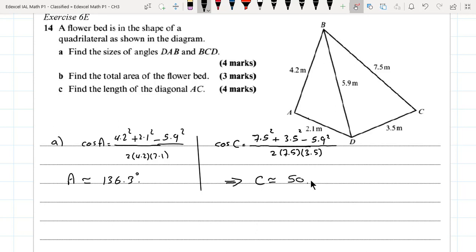And then C will be 50.1 for one decimal place also. B, find the total area of the floor bed. We can get the sum of the two areas directly, right?